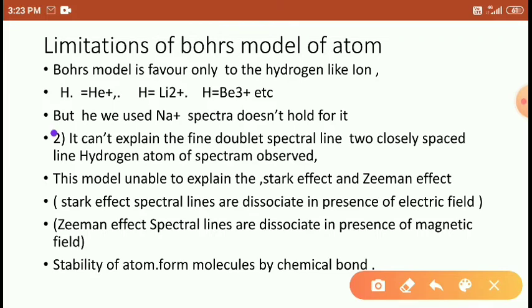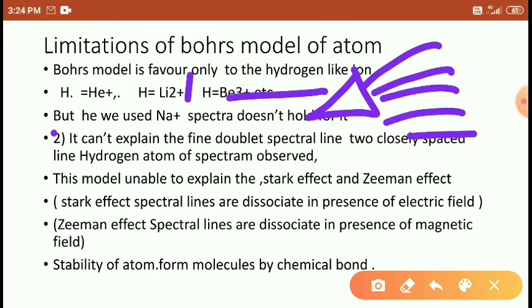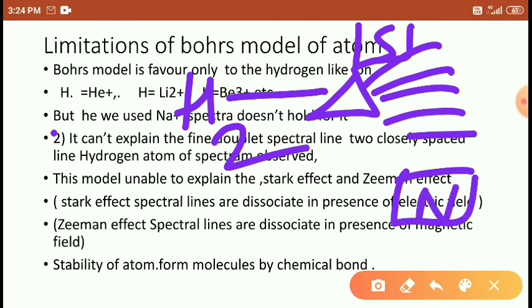Second, it can't explain the fine doublet spectral lines, the too closely spaced lines observed in the hydrogen spectrum. It means when he used the Balmer colored light passed through the prism, the hydrogen light, and these lights are kept in the presence of a magnetic field, the lines are deflected.